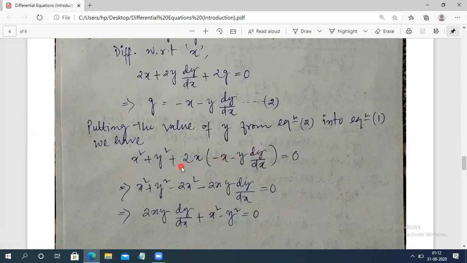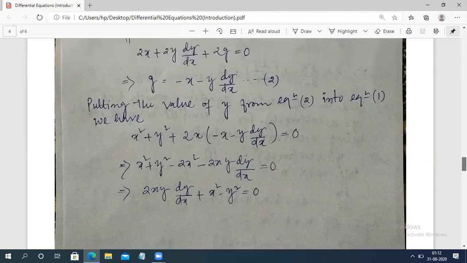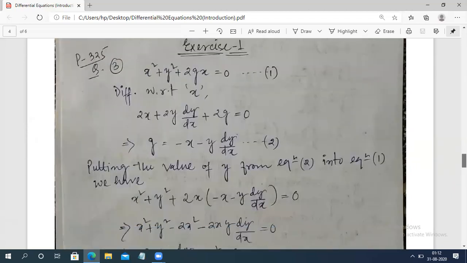Multiplying this value of g with 2x, we get x square plus y square minus 2x square minus 2xy dy by dx equal to 0. That means 2xy dy by dx plus x square minus y square is equal to 0. So this is the differential equation whose solution is given by x square plus y square plus 2gx equal to 0.